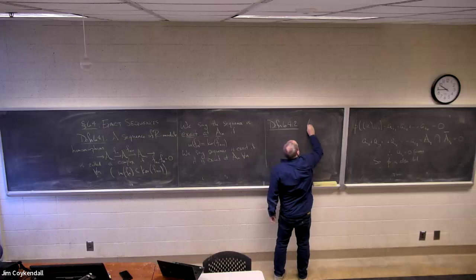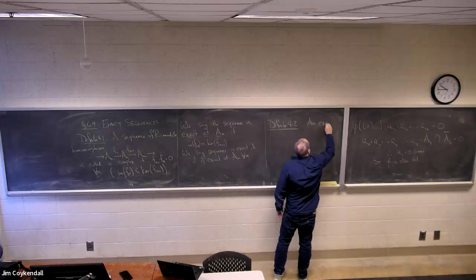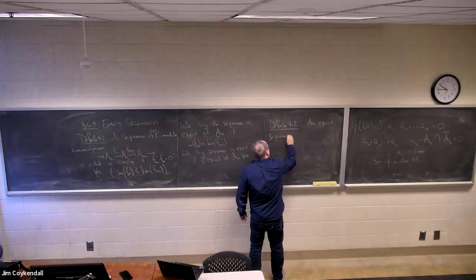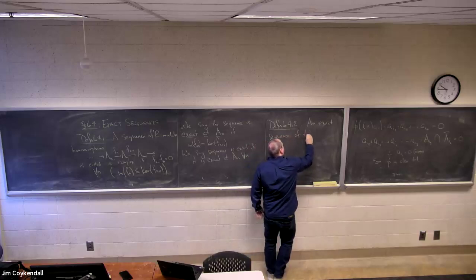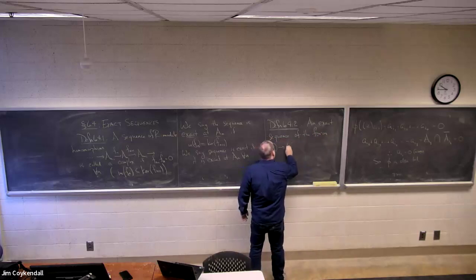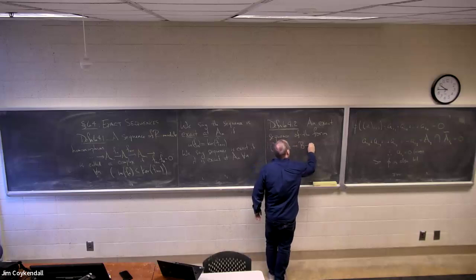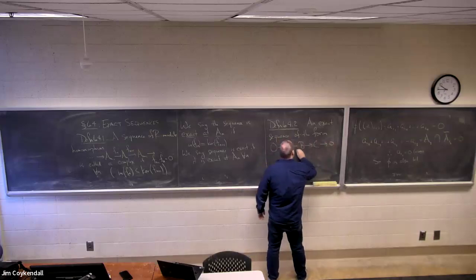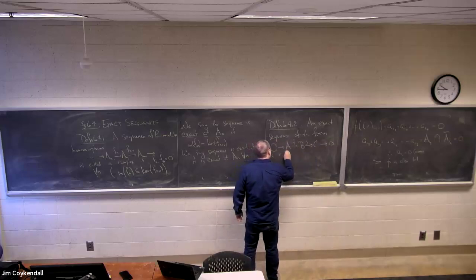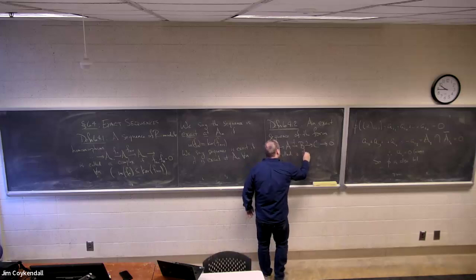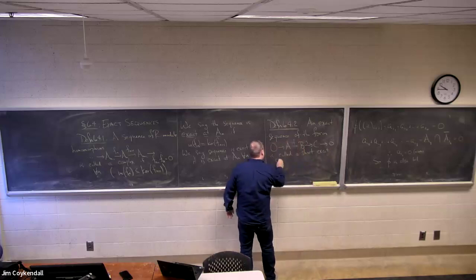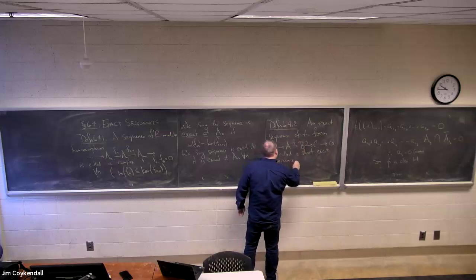An exact sequence of the form 0, A, B, C, 0 is called a short exact sequence.